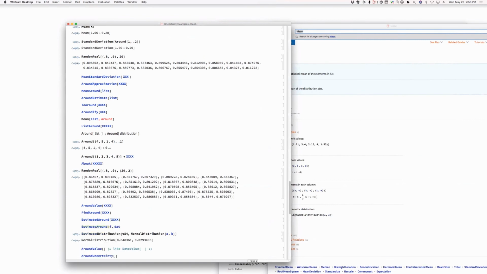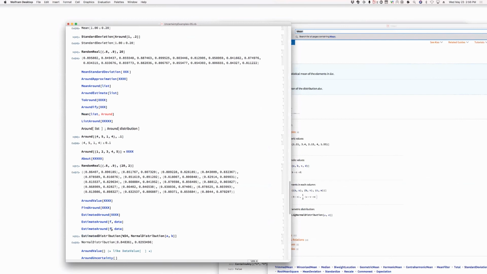Yeah, perhaps. But it could also be standard deviation or covariance or something. Does that make sense? So this is the interface between data and, yeah, it's like apply around or something.